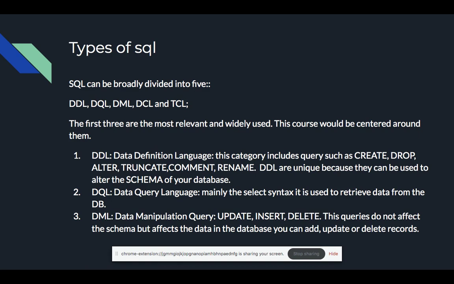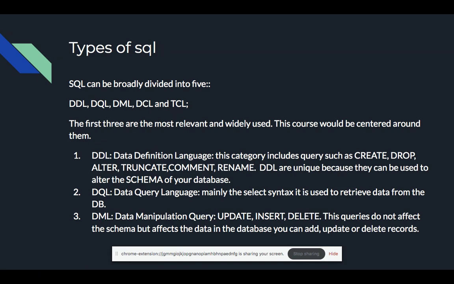Anytime you want to retrieve data from the database, whether you want to do BI, retrieve data for a website, log into your application, or confirm if data exists in the database, you use DQL. So DQL, also known as query, is used basically just for retrieval of data from the DB.